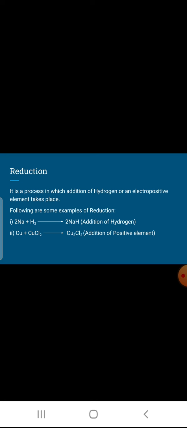You can see here addition of hydrogen is taking place. In the same way, when copper is treated with copper chloride, then Cu2Cl2 will form. You can see here addition of positive element, that is addition of copper, is taking place.